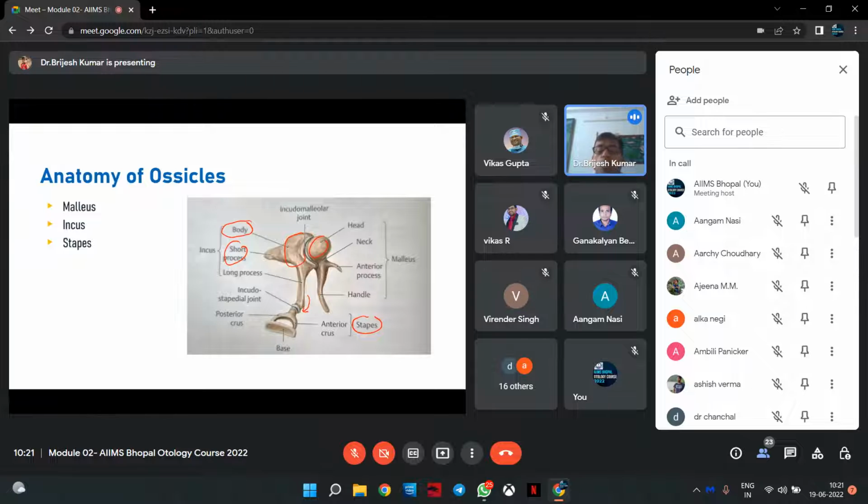Coming to the stapes bone, it has a head, that's the head there, and that's the narrow neck, which gets attachment of the stapedius muscle. And it has two crura, the anterior crus and the posterior crus, which are attached to the footplate or the base of the stapes. This base gets attached to the oval window through the annular ligament.